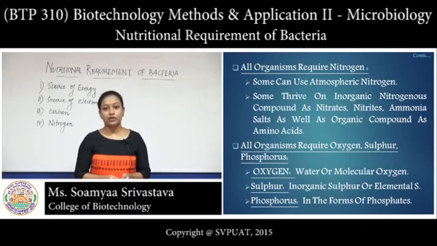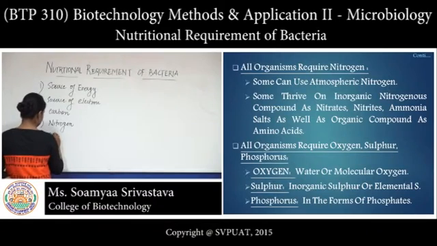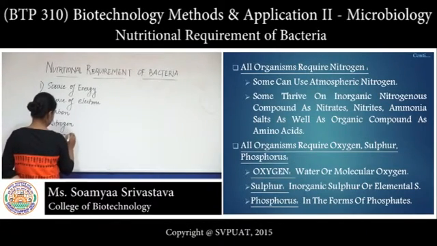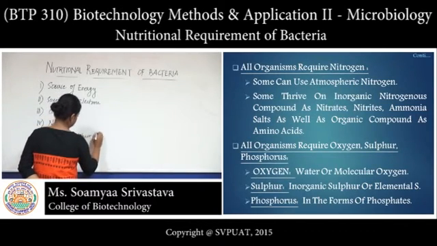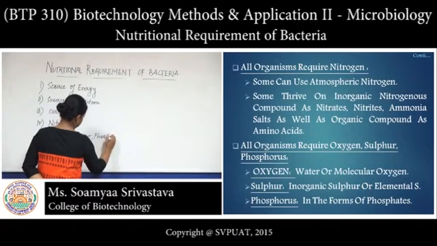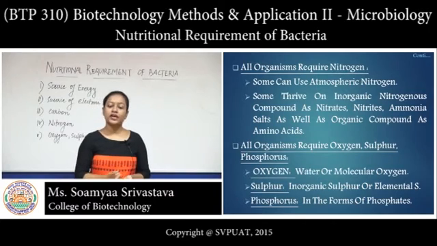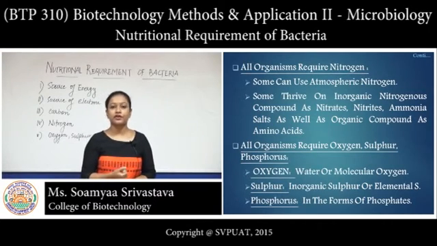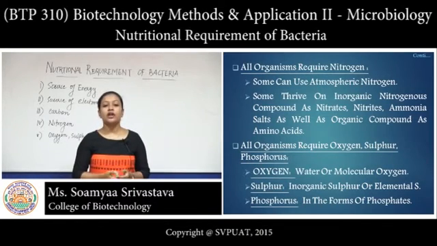Now, let us take a look at oxygen, sulfur and phosphorus. All organisms require oxygen, sulfur and phosphates in the form of micronutrients, but oxygen is generally obtained via molecular oxygen or from water.